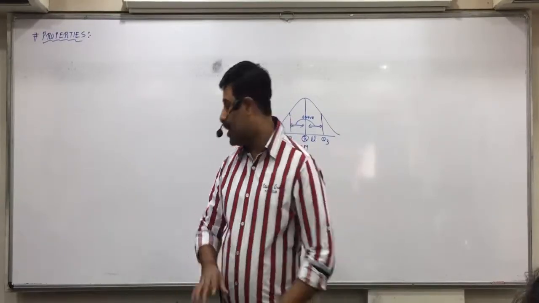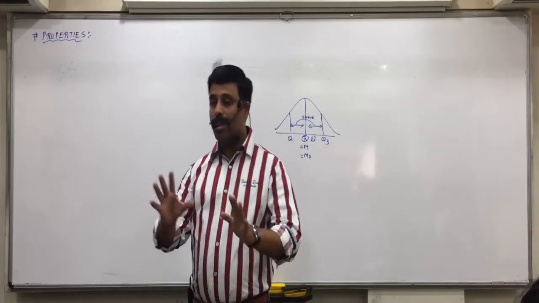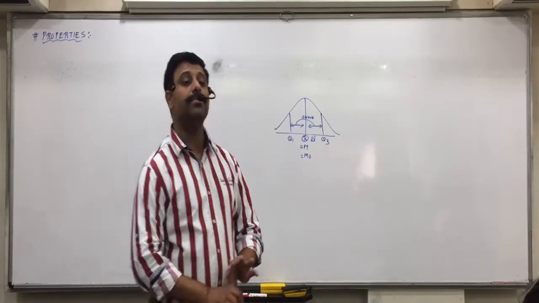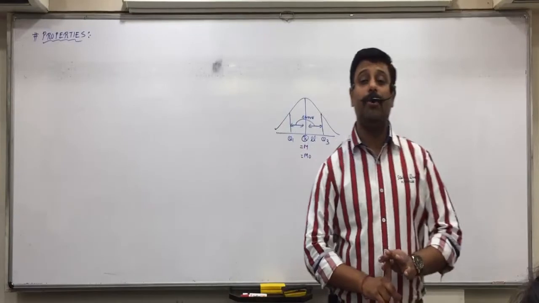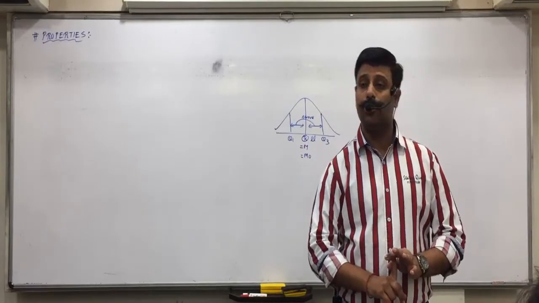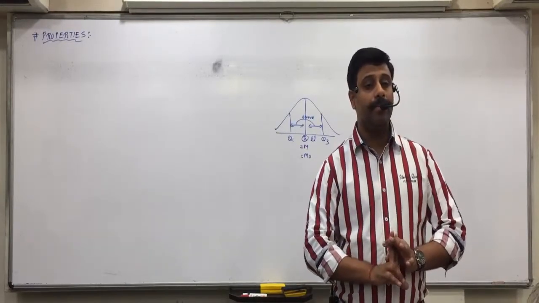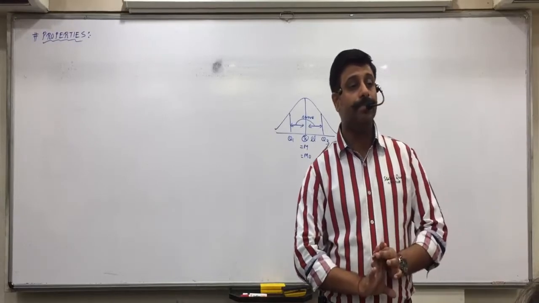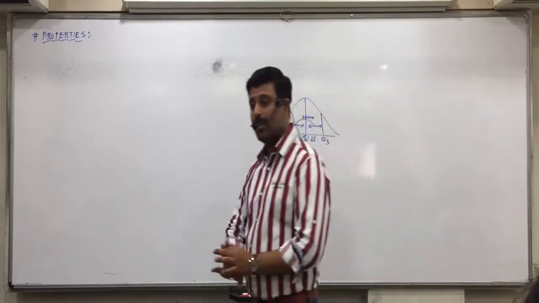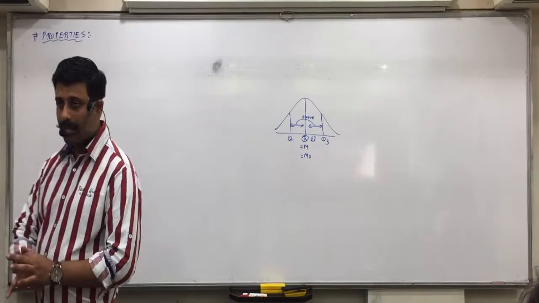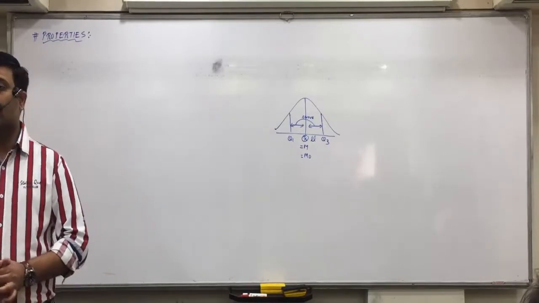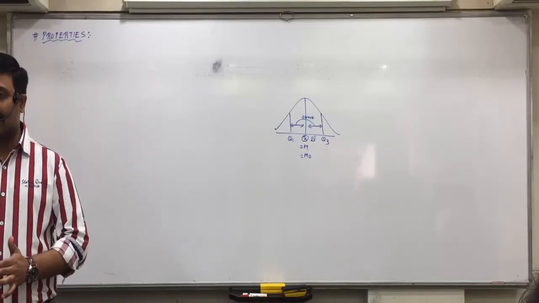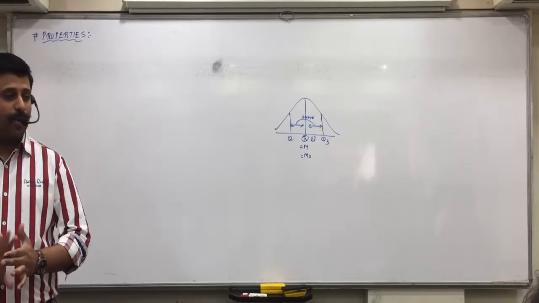Of the 11 properties, 3 you already know. First, mean equals median equals mode. Second, bell-shaped. Third, Q3 minus M is equal to M minus Q1. Now I am explaining the rest.